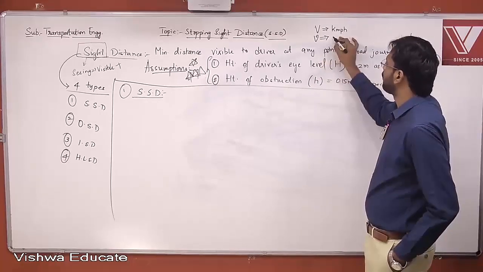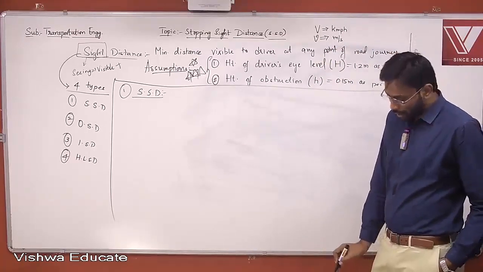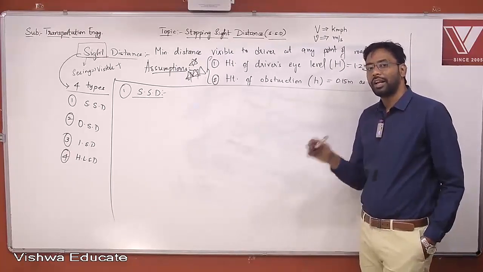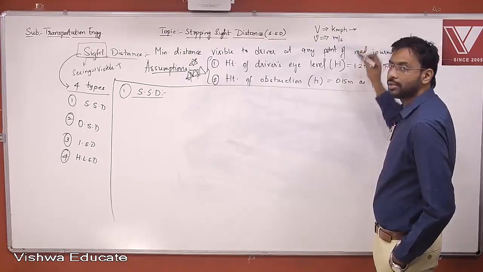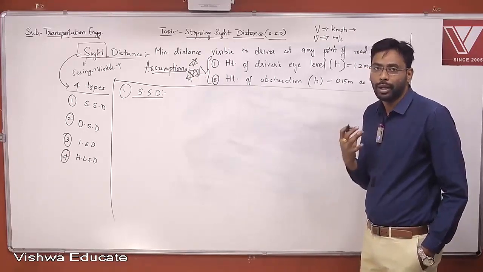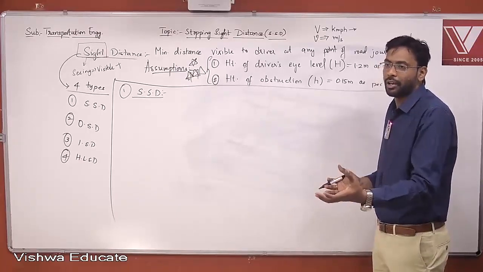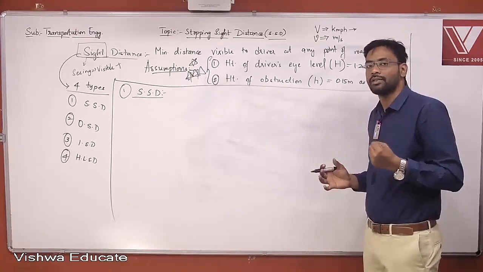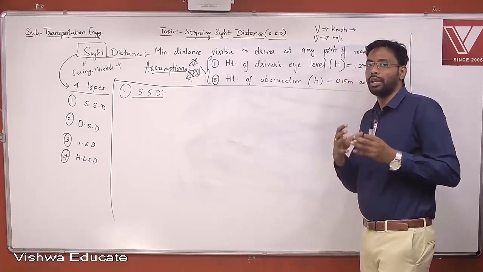And if I write small v, the design speed is in meters per second. Now, when will I write capital V and when small v? If I write capital V, that means that is an empirical formula, with no logic, based on observation. You take a road, carry out some exercises on it, and from those exercises, you do back calculations and develop an equation.